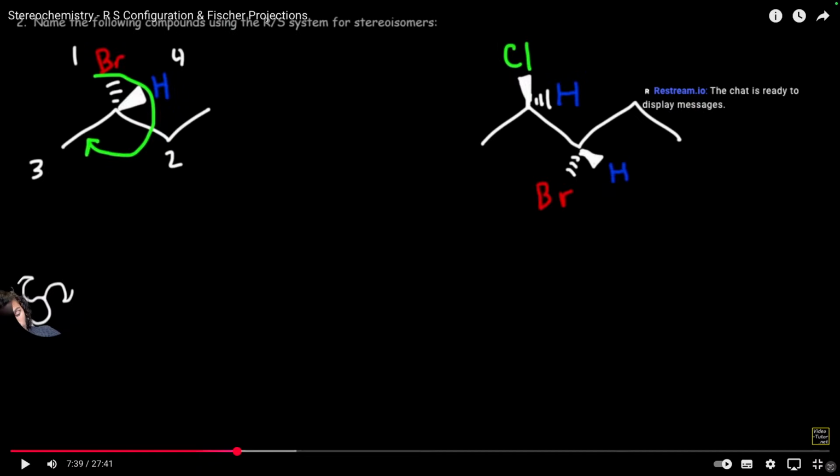Now we got a hydrogen on the top and bromine on the bottom.